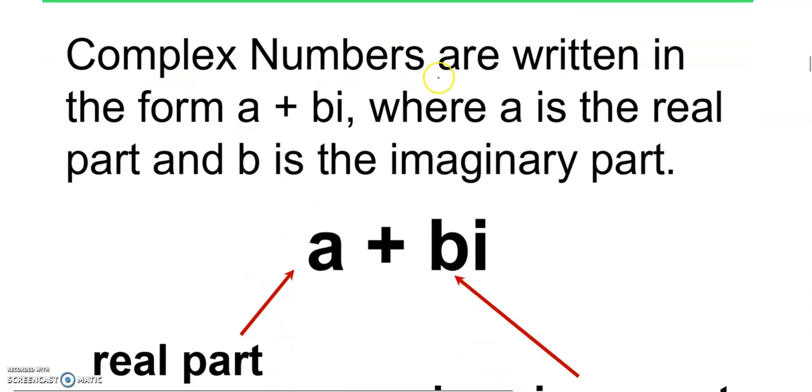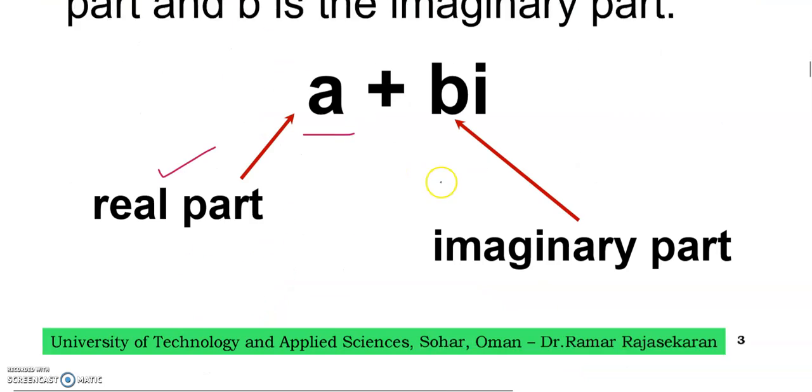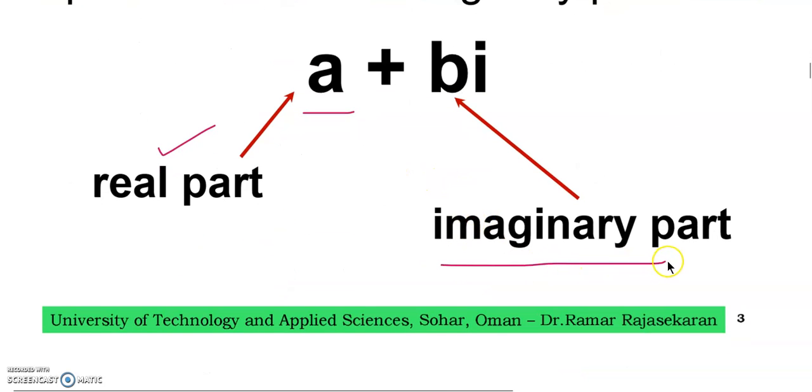Now, complex numbers are written in the form a plus bi, as we discussed earlier. Now here what is a? Actually a and b are any two real numbers, but when we describe complex numbers we give a specific name for each part. The name of this part is the real part, that is a. The name of this b is the imaginary part of the complex number.